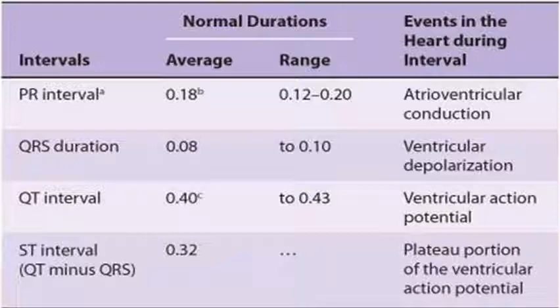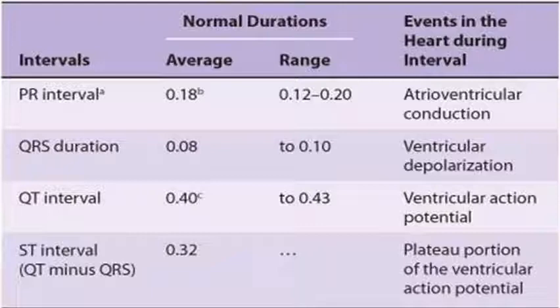QT interval: ventricular action potential, average 0.4 up to 0.43. ST interval: plateau portion of the ventricular action potential. So we have learned about the different intervals of ECG.